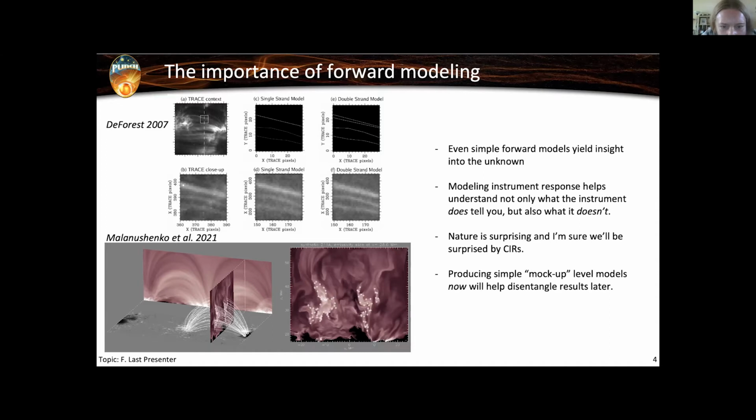That's perfect. When you integrate along the line of sight, which is in this case horizontal, you do get something that looks like a loop on the forward modeled image. The forward model image is just the sum of the right panel along the line of sight, which is horizontal. I don't know if I'm answering your question.